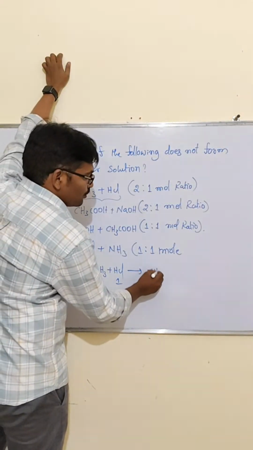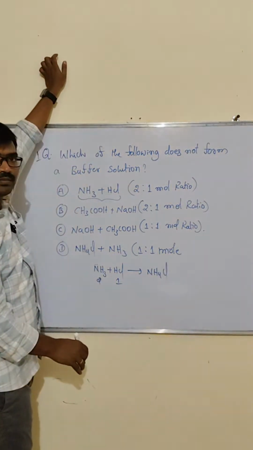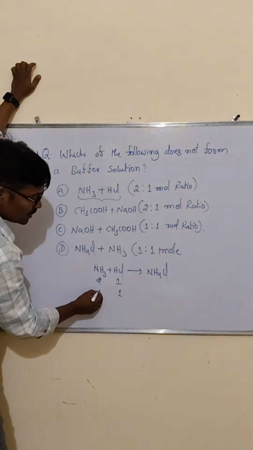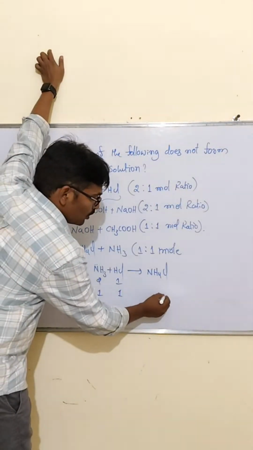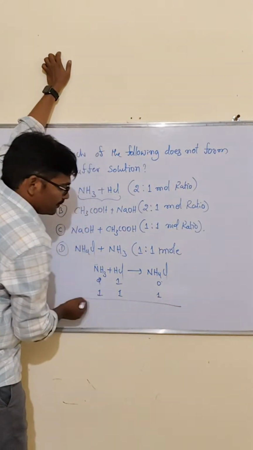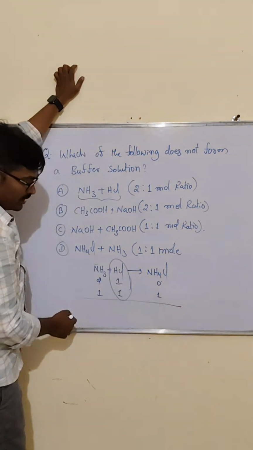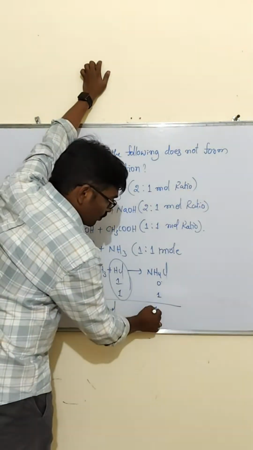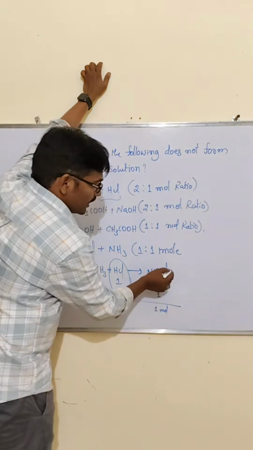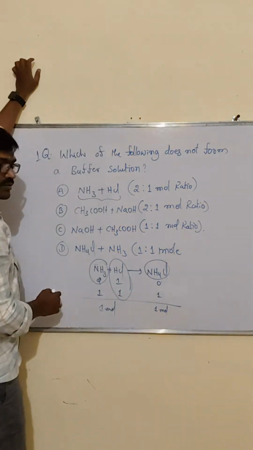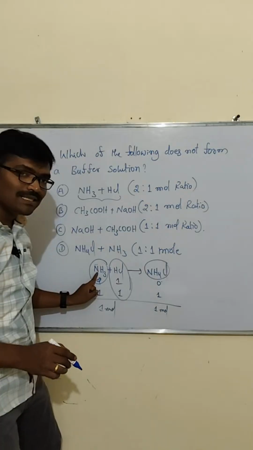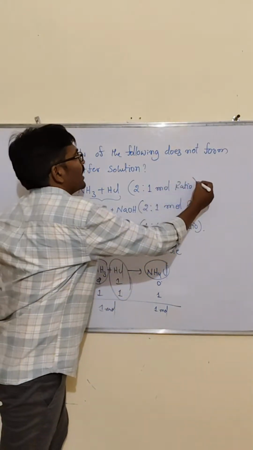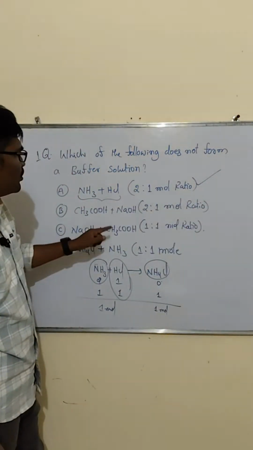After the reaction, NH4Cl salt is formed. 1 mole of HCl reacts with 1 mole of ammonia and 1 mole of ammonium chloride is formed; this totally consumes. Then 1 mole of ammonia and 1 mole of NH4Cl are there. The mixture of weak base and salt of strong acid, we call it a buffer, right? It is a buffer.